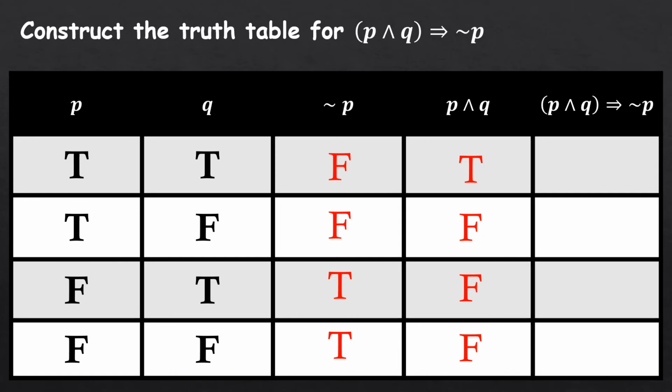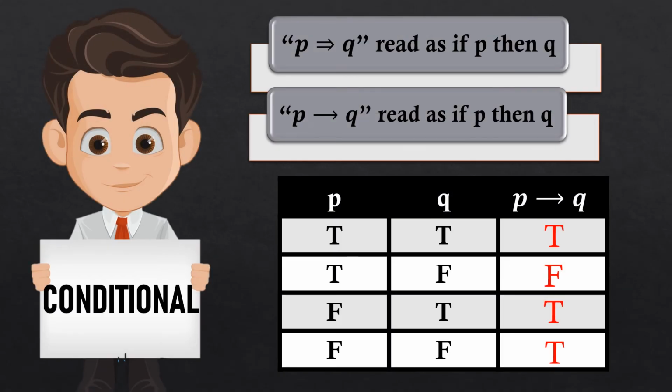So the next column will be the whole logical statement na P and Q, or the quantity of P and Q implies not P. So for conditional statements, if your truth values are T implies T, false implies true, or F implies F, the answer will be true. It will only be false if the truth values will be T implies F.